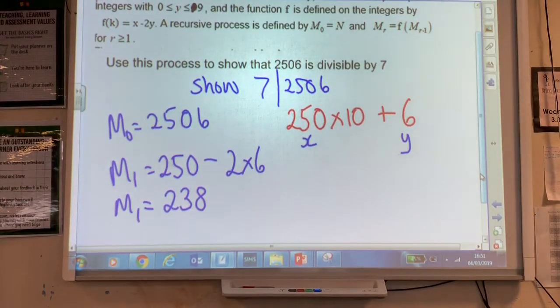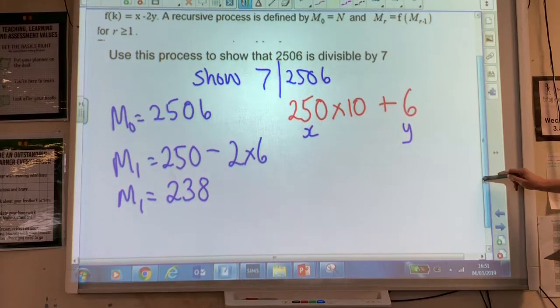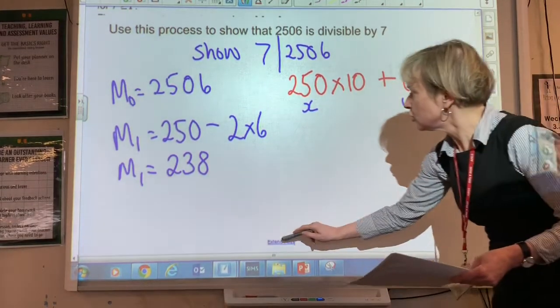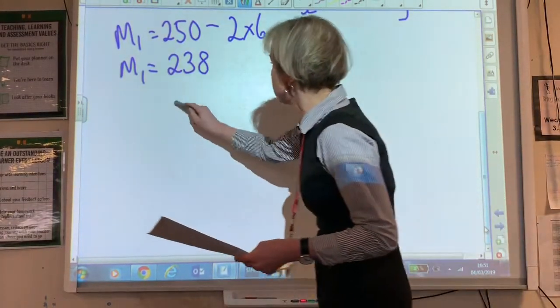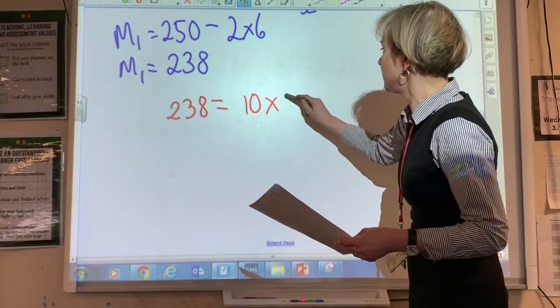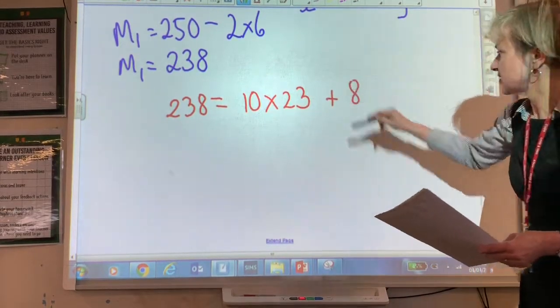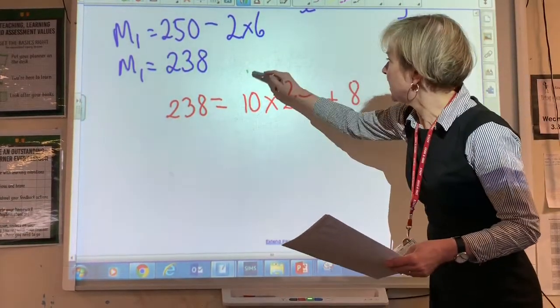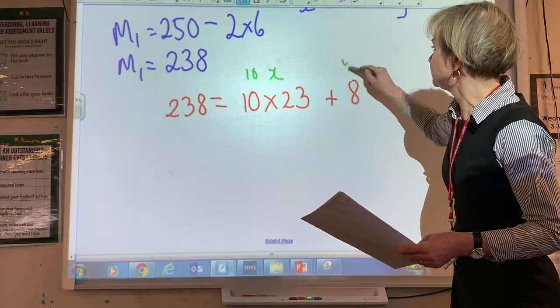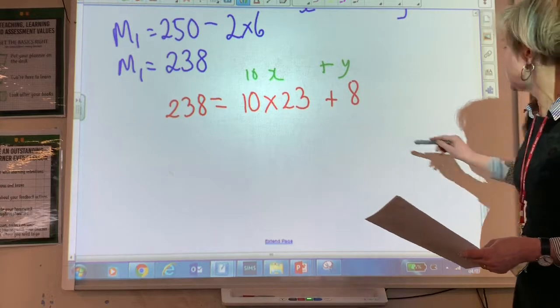Now that's still not that easy to show that it's divisible by 7, so you simply do it again. You're going to write 238 as 10 times a number, which is obviously 23, plus 8. Now that's in the form 10x plus y, so x is 23 and y is 8.